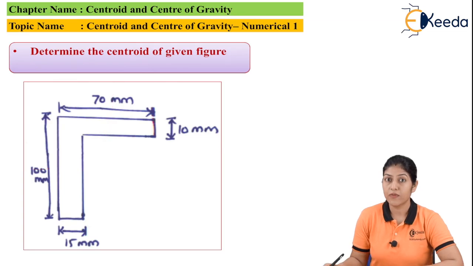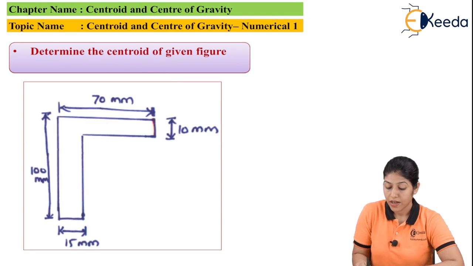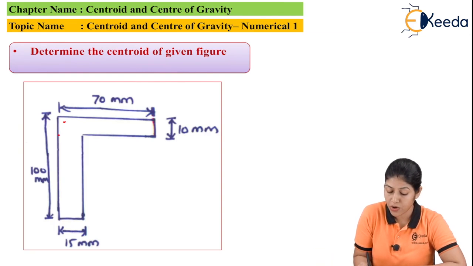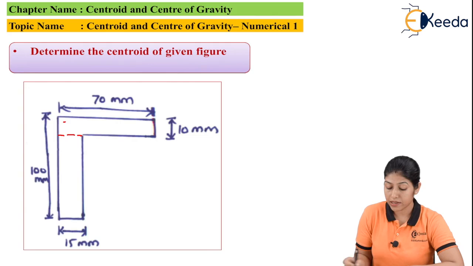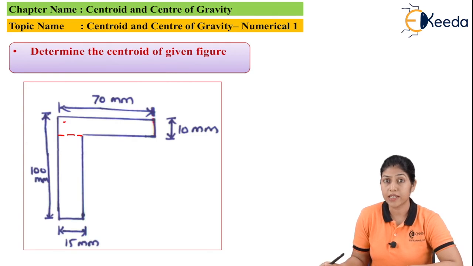So here we have this particular lamina. Here we are dividing this lamina into two rectangles. If we draw a line here, you can see this dash line, and this dash line is dividing this lamina into two rectangles.